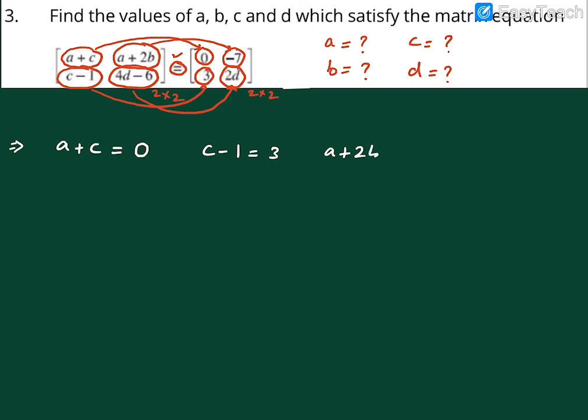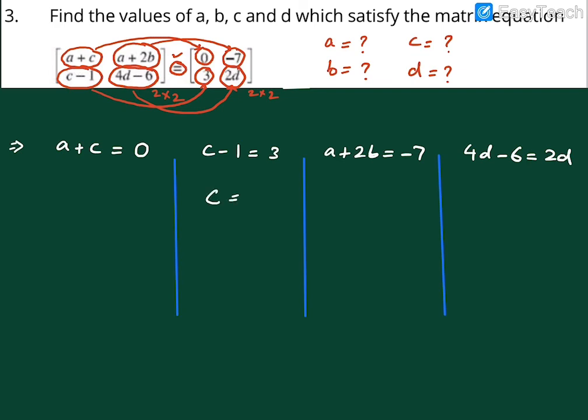A plus 2B is equal to minus 7, and 4D minus 6 is equal to 2D. So we have these 4 equations. Now you need to find A, B, C and D. Any constant you can find first, whatever is easy.